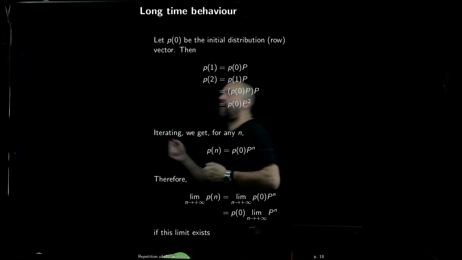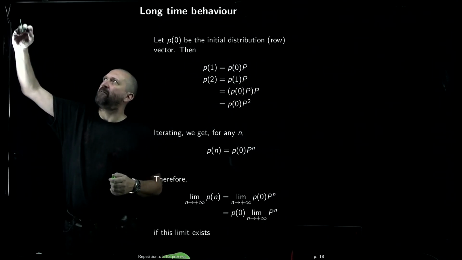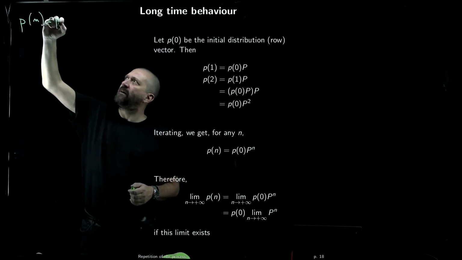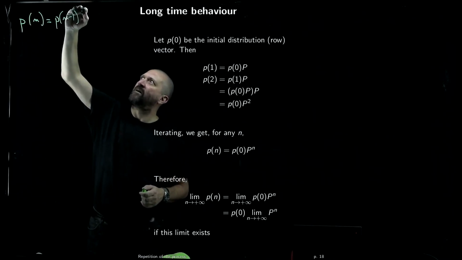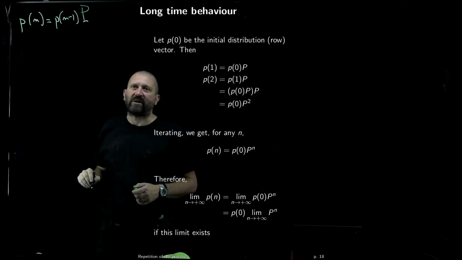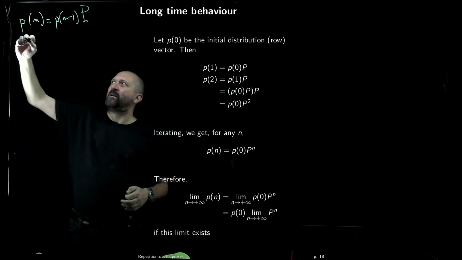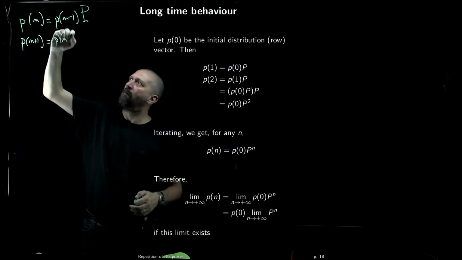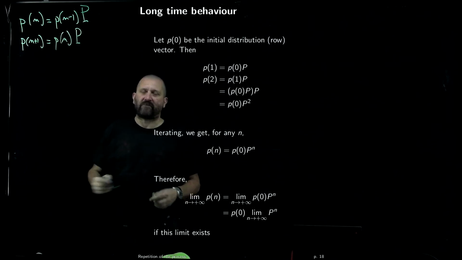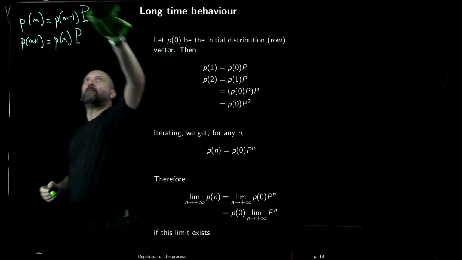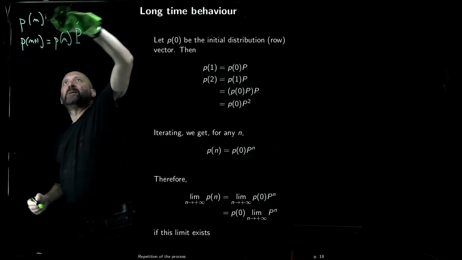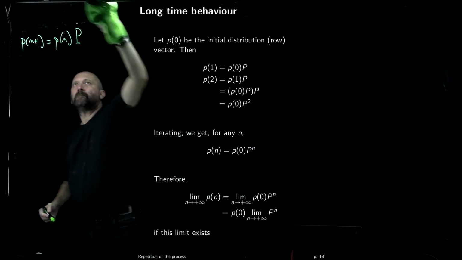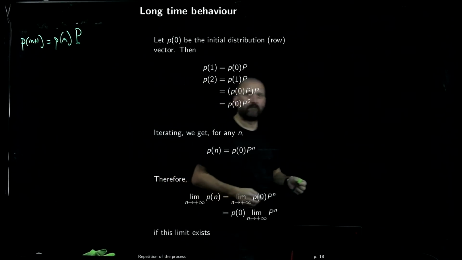I'll remind you that in the Markov chain, P of n is equal to P of n minus 1 times the transition matrix P. Or, if you want it the other way, P of n plus 1 is equal to P of n times the transition matrix P, where P of n and P of n plus 1 are row vectors. This is what we were describing before.